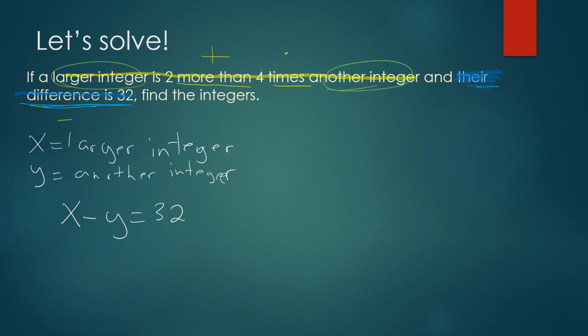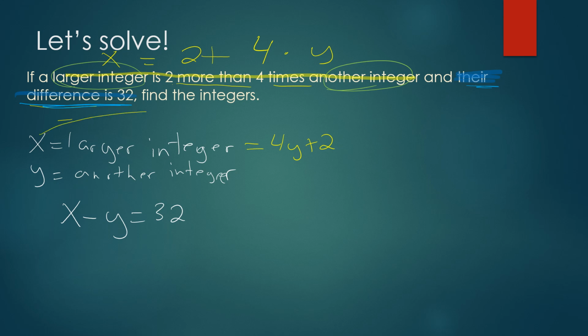So what I have is x equals 2 plus 4 times the other integer, which is y. So really, I can rewrite this as 4y plus 2.